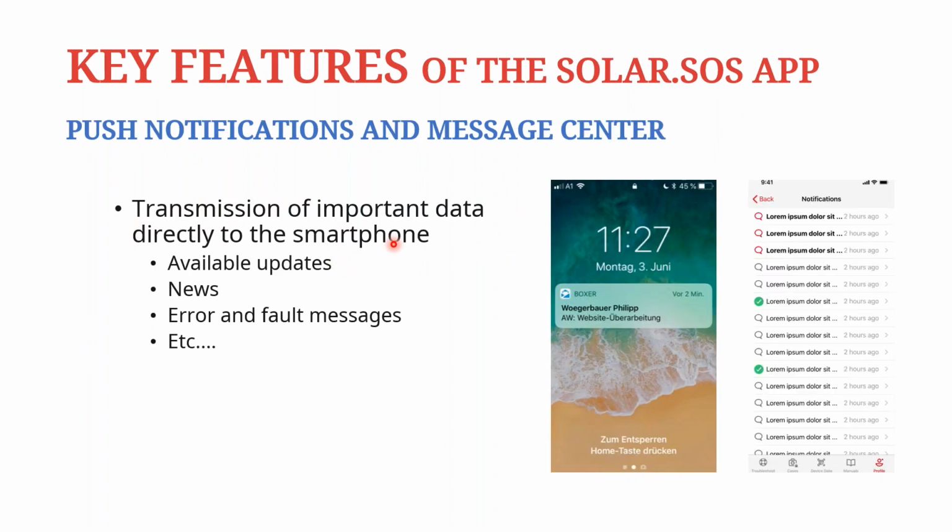You can also get a lot of push notifications and messages coming to your phone, and these would include things like available update news as well as errors and fault messages. You can get a list of all these push notifications, which you can then launch directly from your phone to check the various operational state or fault conditions of your inverters.